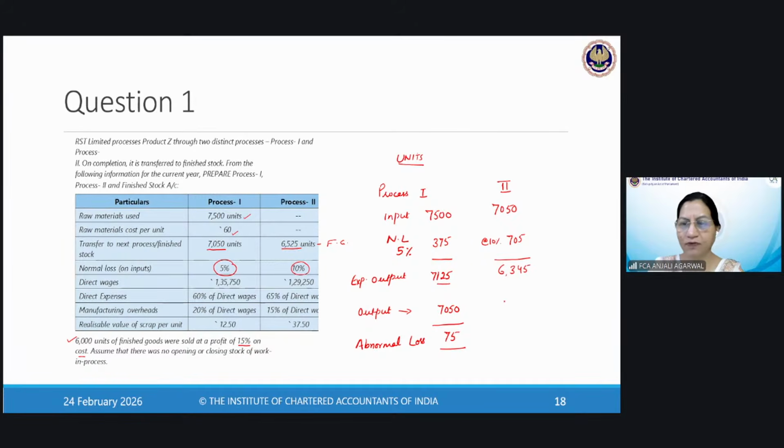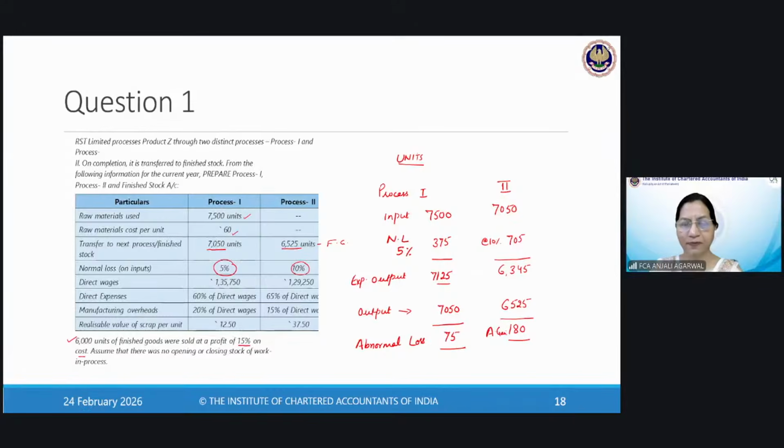But we have 6,525 units moving to the next process. So where have these extra units come from? 6,525 minus 6,345, so we have 180 units extra. This becomes abnormal gain. So process 1 has abnormal loss and process 2 has abnormal gain.